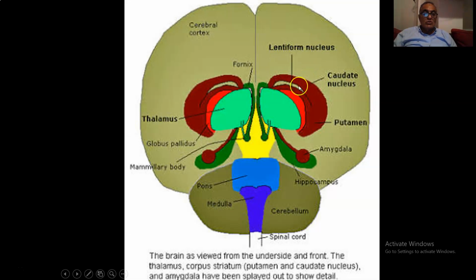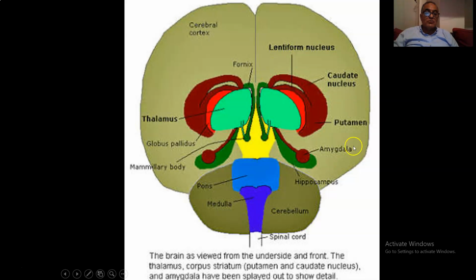This is another coronal view, showing here, as I told you, that the caudate nucleus blends and becomes one nucleus with the putamen. So actually, anteriorly, the caudate nucleus and putamen are fused together. The caudate nucleus and the putamen have the same function.